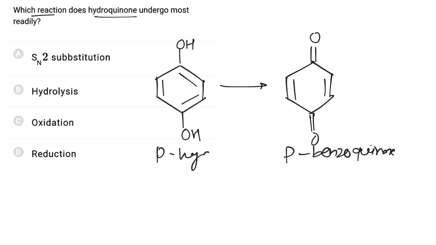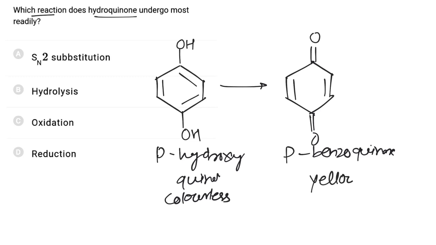Para hydroquinone is a colorless compound, while para benzoquinone is a yellow compound. So this reaction involves oxidation, and hence correct answer is C.